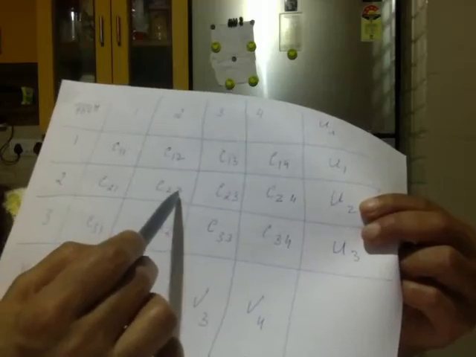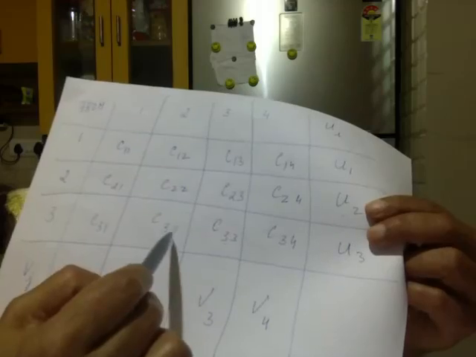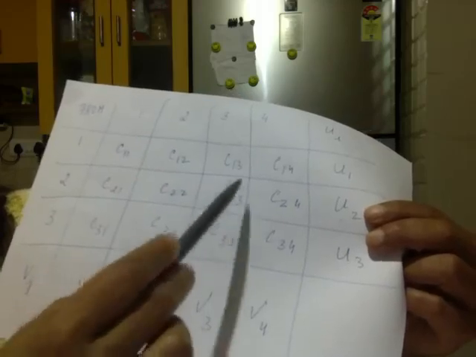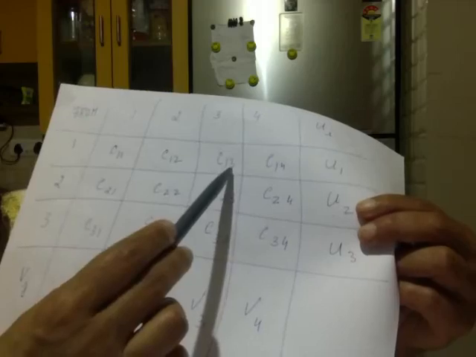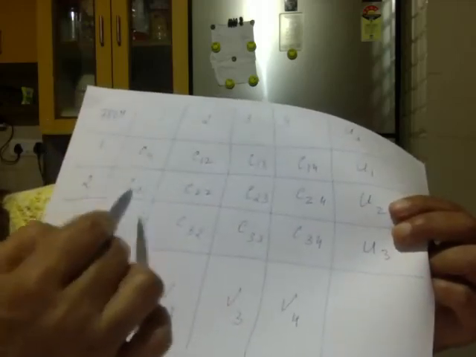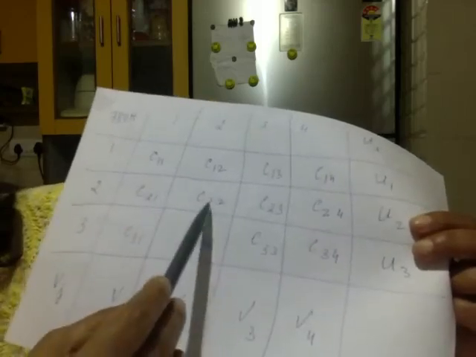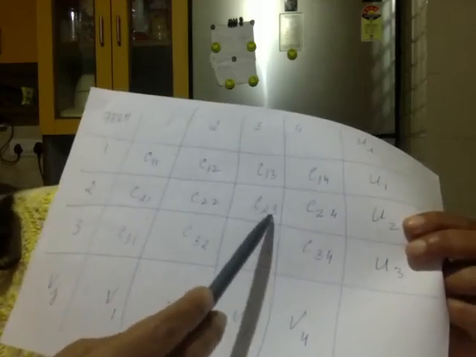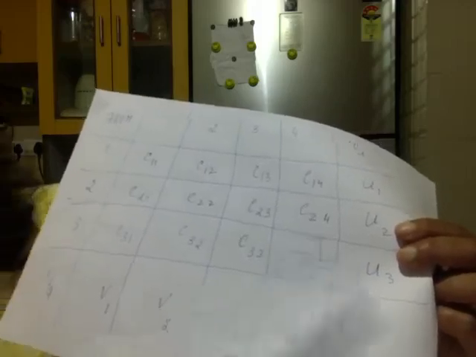When you say 2, this is V2. When you say 3, 2, it is U3 and V2. When you say 1, 3, this is U1 and V3. The first part, U1, V1, U2, V1. These are here, U2, V3, U3, V4.